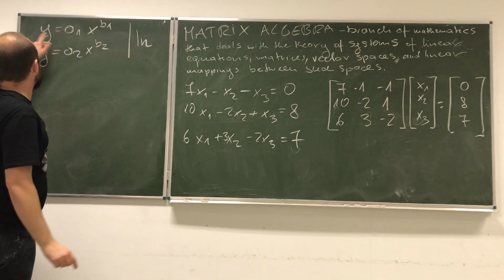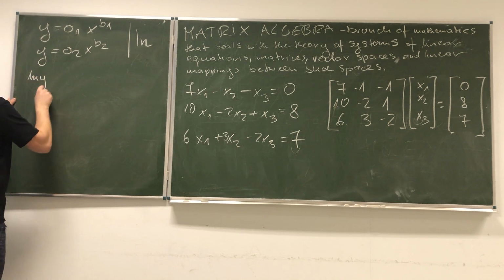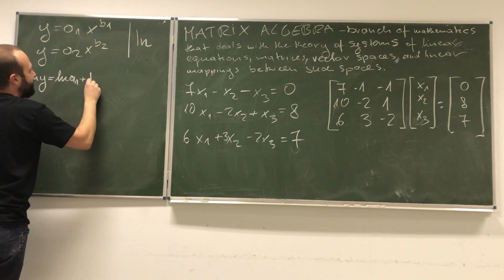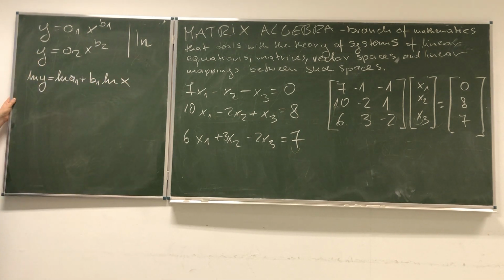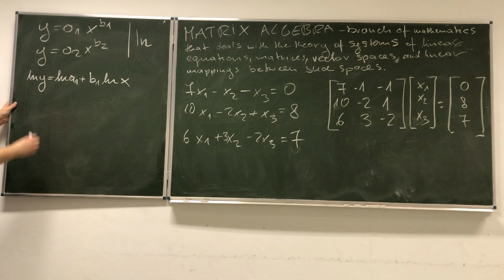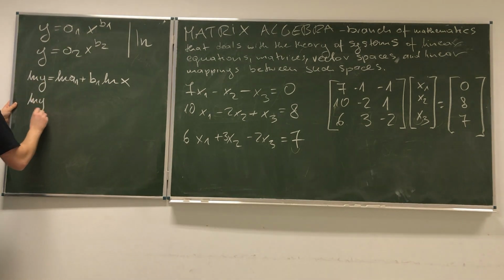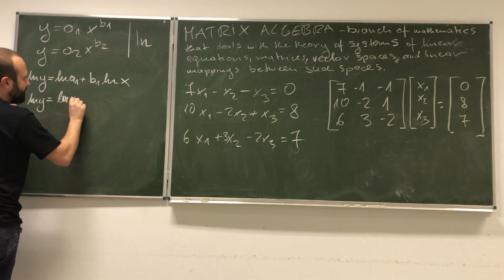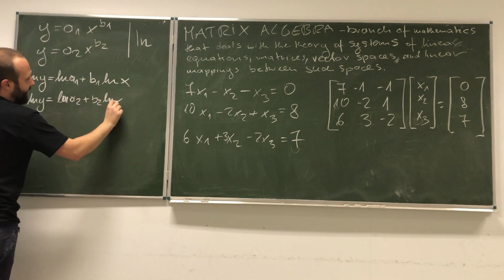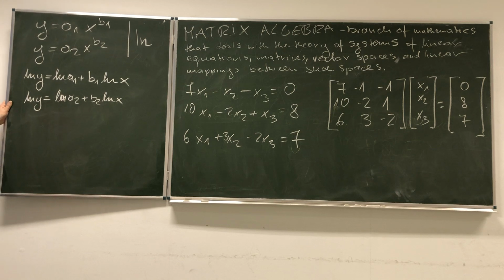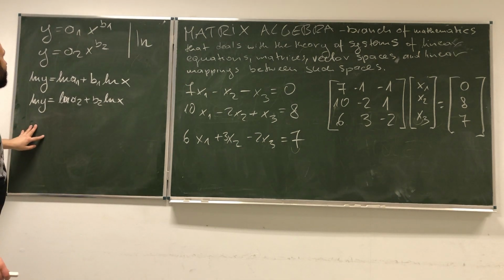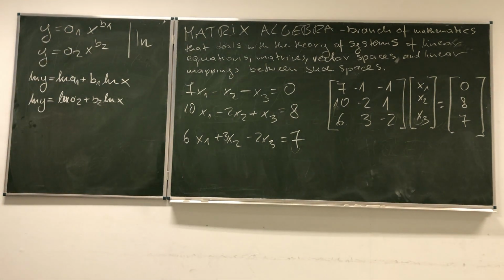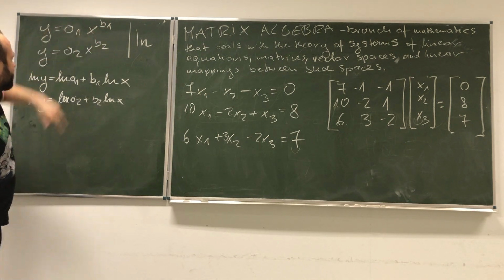Look, I can logarithmize this expression to get ln y equals ln a1 plus b1 ln x. Then here I will have ln y equals ln a2 plus b2 ln x, because we remember that when I logarithmize things, the logarithm of a product is a sum of logarithms, and we can always take the exponent in front of the logarithm.